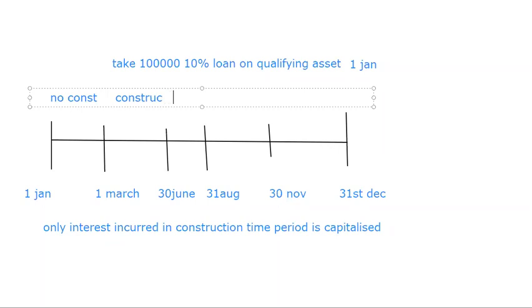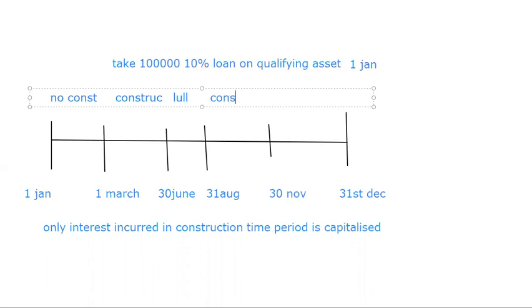Now, from 30th June to 31st of August, there was lull. Right, construction stopped for any reason. For any reason, could be labor strike, could be bad weather, could be subsidence on site, anything whatsoever. Construction stopped. It started again on 1st September.